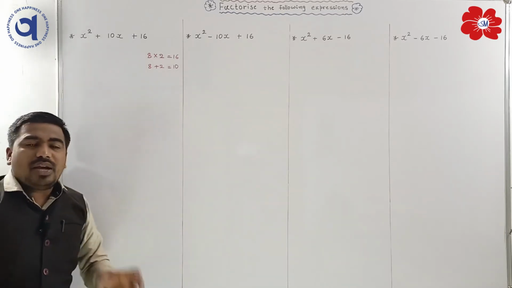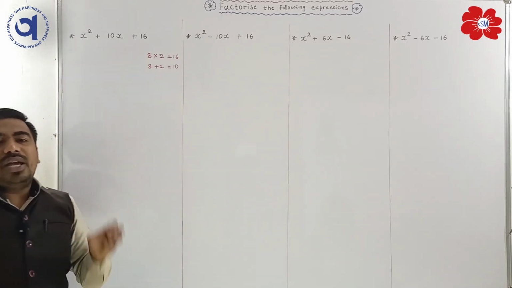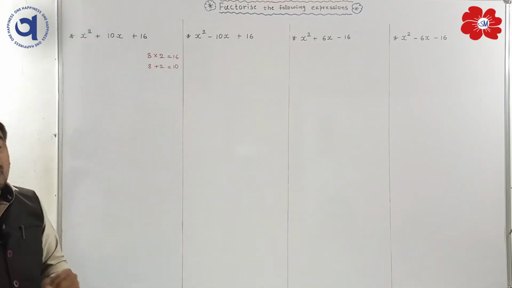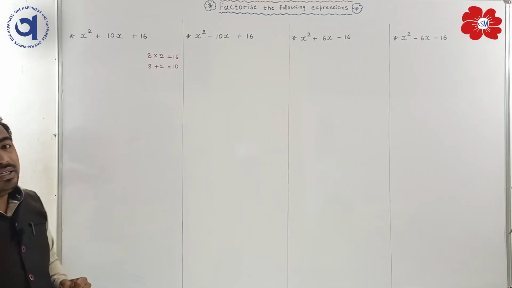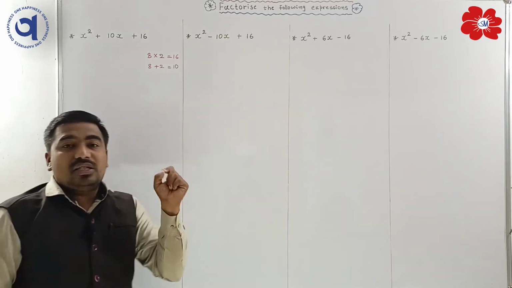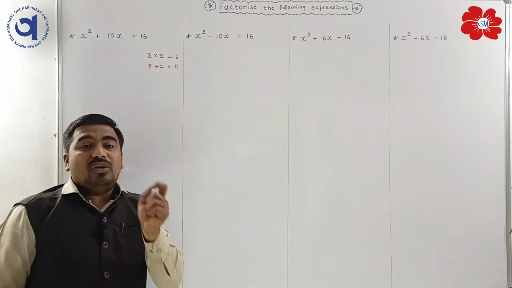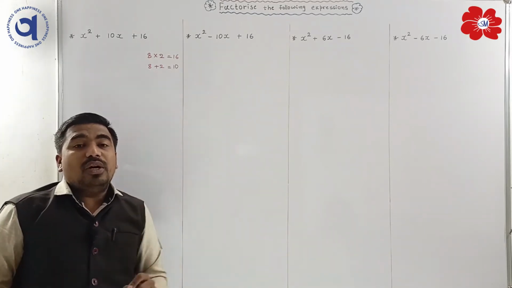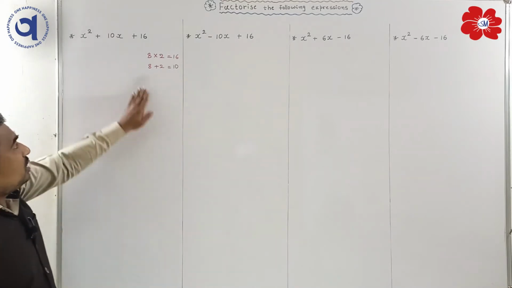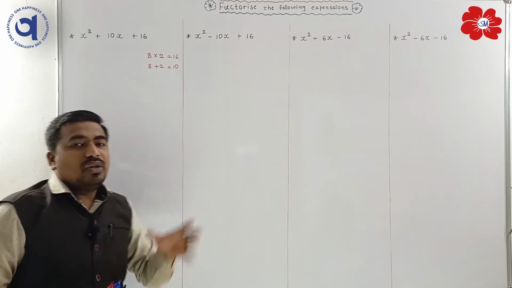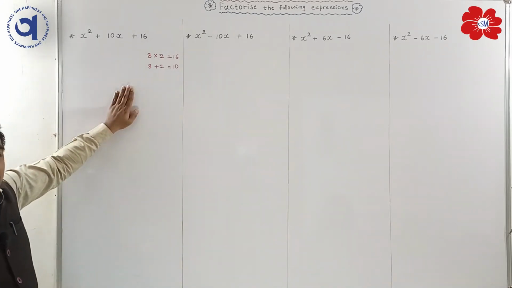So whenever the last sign is plus, the multiplication of the factors is our last term and the addition of the factors is our middle term. This is the main fundamental theory of factorization of quadratic equations.